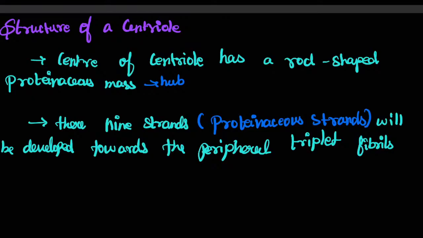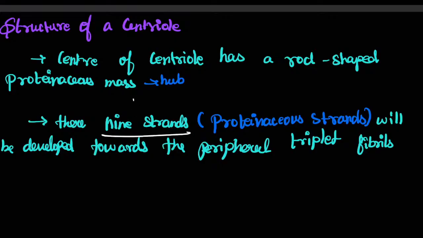That is, towards the outer fibrils, the 9 strands will be developed around. Okay, these strands are actually known as radial spokes.